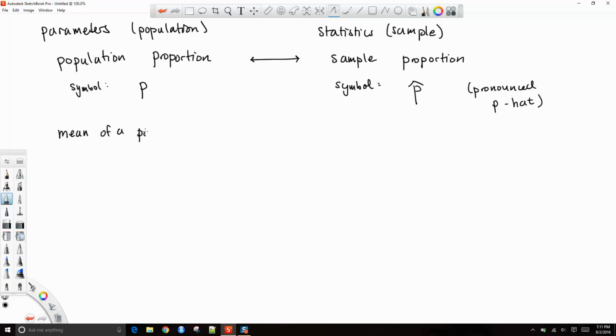So if you're dealing with a numeric variable, you can deal with a mean of a population. And the symbol there is mu. Okay, and then what would the corresponding statistic be? This would be our sample mean, right? Okay, and the symbol that we use for the sample mean is X bar.